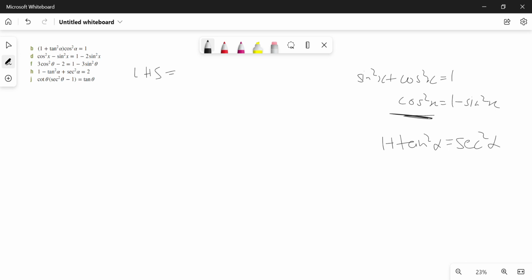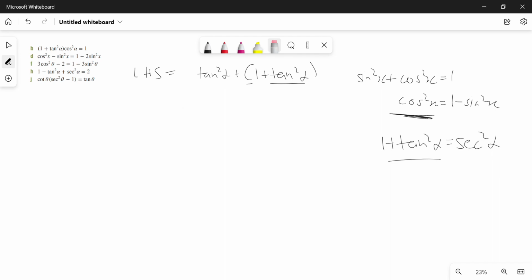So let's change the sec squared to 1 plus tan squared. We've got 1 minus tan squared alpha already, and then sec squared, which I'm going to change to 1 plus tan squared alpha. You can see we're going to get 1 plus 1, which is 2, and minus tan squared plus tan squared, so they cancel. So that just equals the right hand side, a nice 2.